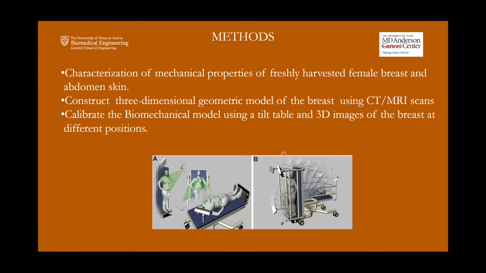Our framework consists of three main parts. The first part is characterization of mechanical property or elasticity of breast tissue. The second part is construction of a three-dimensional (3D) geometric model of the breast. And the third part is calibration of our biomechanical model using a tilt table and 3D images at MD Anderson Cancer Center.